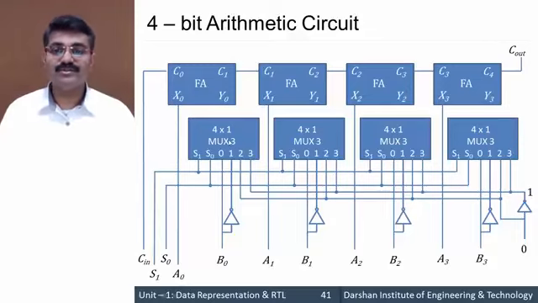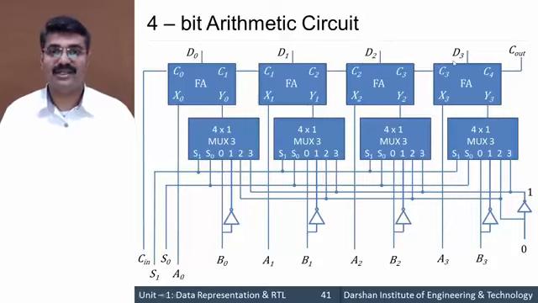The output of this multiplexer is given as input Y to the full adder, so Y0, Y1, Y2 and Y3. And the output of the full adders, which we term D, is D0, D1, D2 and D3. So this is our 4-bit arithmetic circuit.